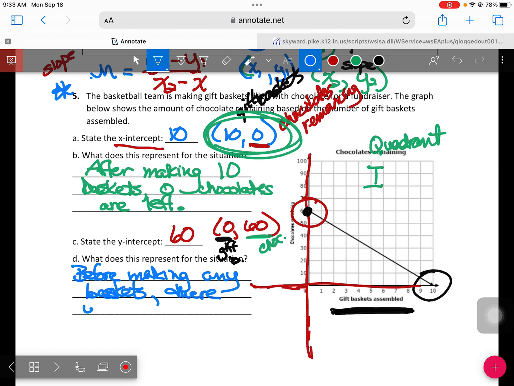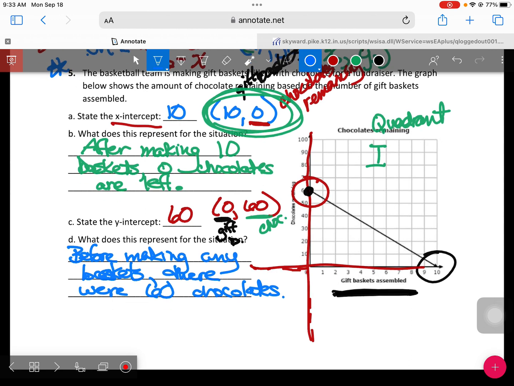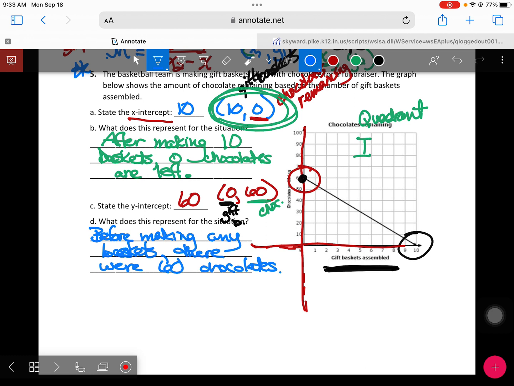You tell me. Do we know when we have to flip an inequality? When do we flip an inequality sign? When you are dividing by or multiplying by a negative, you're going to flip the inequality sign.